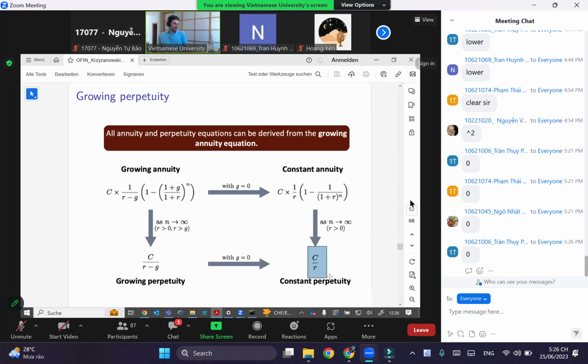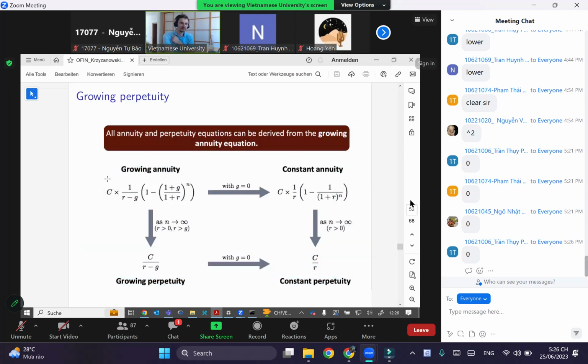So your takeaway should be that the formulas we've discussed in the context of perpetuities and annuities are derived from each other. Obviously, once you arrive at the constant perpetuity, it's difficult to get back to the formula of the growing annuity.